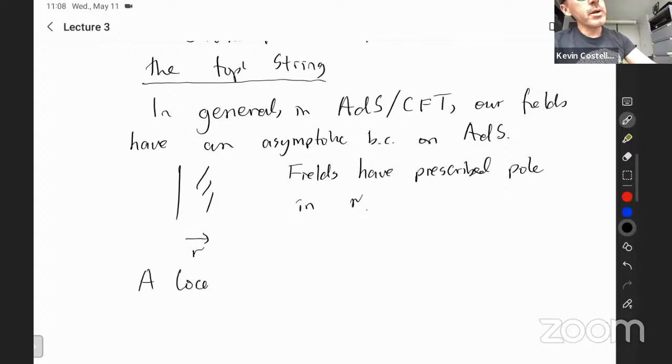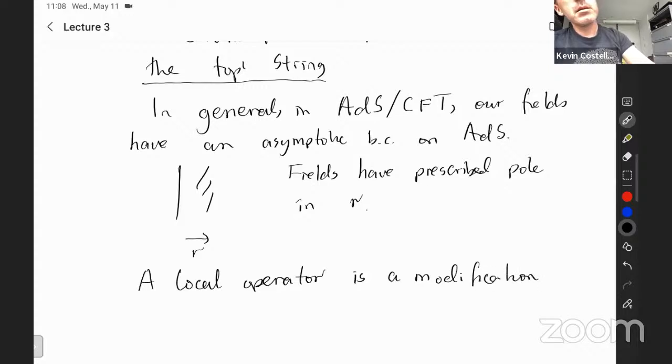So a local operator is a modification of this asymptotic boundary condition at a point on the boundary.